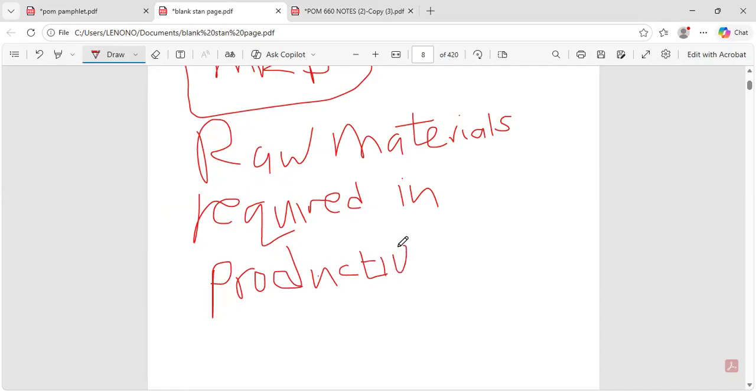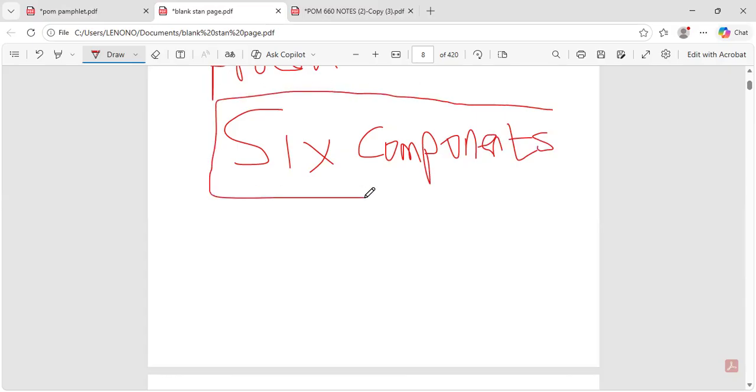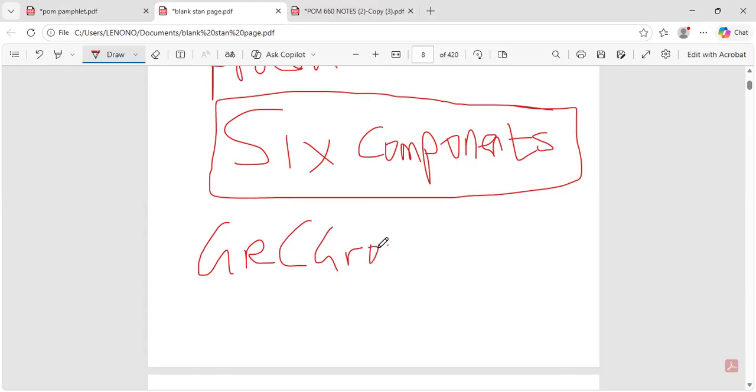And we have 6 components. So what is the first component? First component is the GR, which is called the gross requirement.